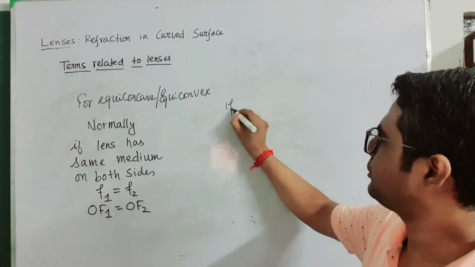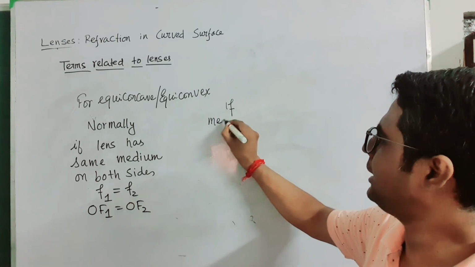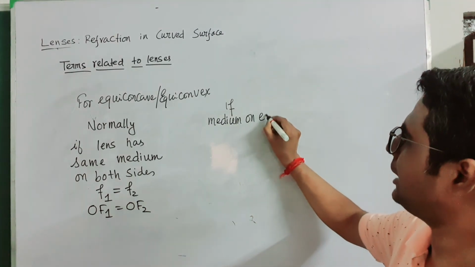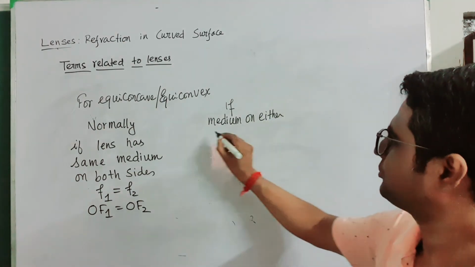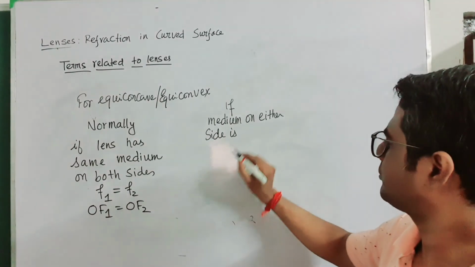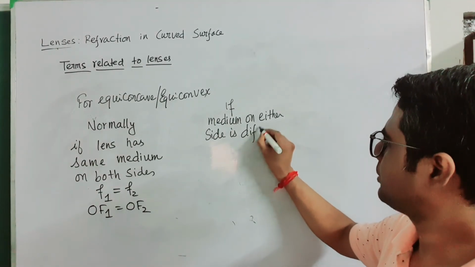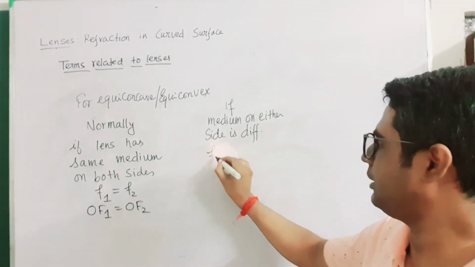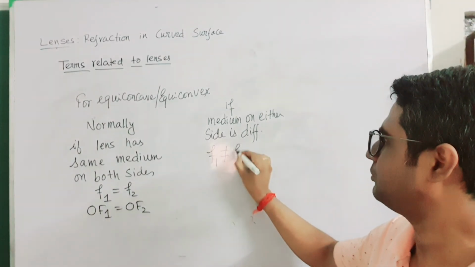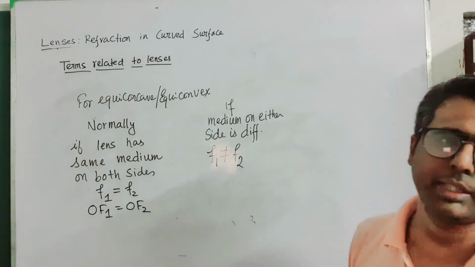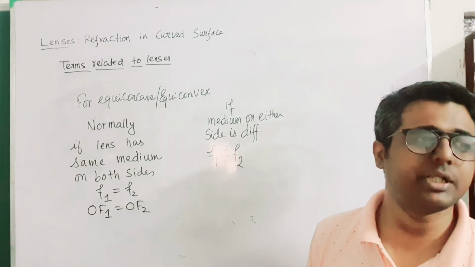If the medium on either side is different, then f1 will not be equal to f2, because the ray is not going to meet at the same point if the medium is different.